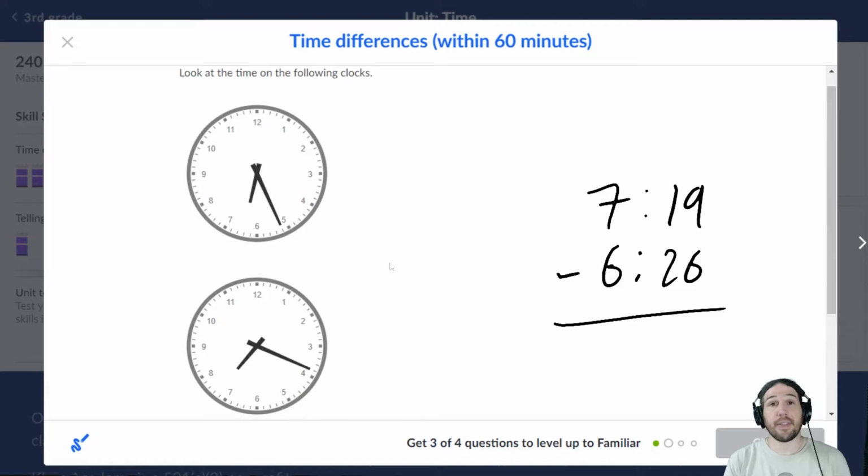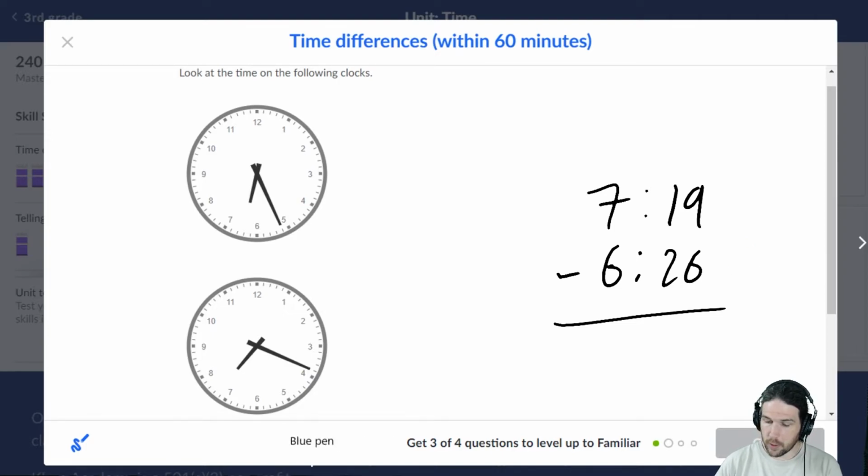That's the idea. That's the math. That's the subtraction we're doing. But we're doing it in such a weird way because when we go to borrow, right, because 19 is smaller than 26, we can't subtract this as is, right? We have to borrow. But this isn't like your normal average borrowing. We're not borrowing 10 because that's not how hours and minutes work.